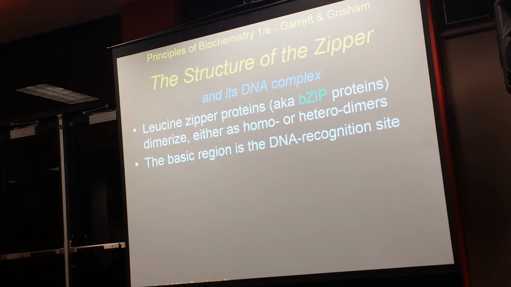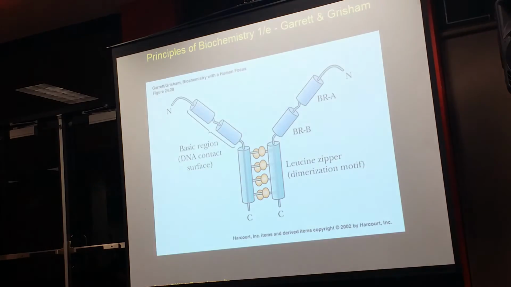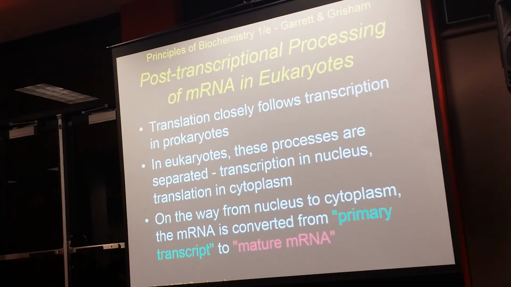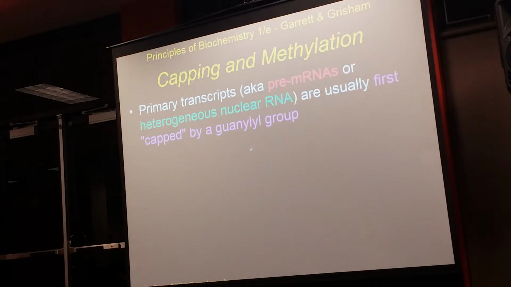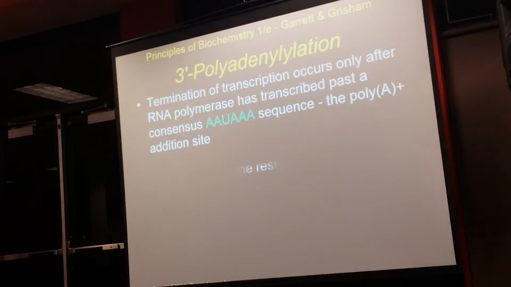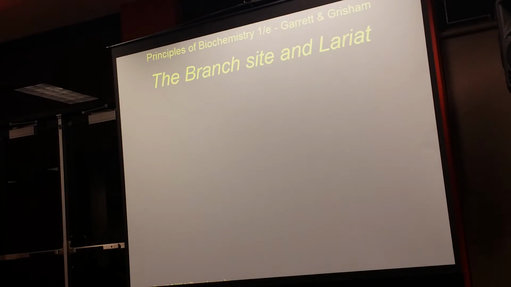Pre-mRNA is also known as HN mRNA, heterogeneous mRNA, so just in case he uses that instead of pre-mRNA, they are the same thing. That's post-transcriptional processing, so those 3 basic steps that you have. And you don't need to know anything about splicing, so the rest of this you can skip.